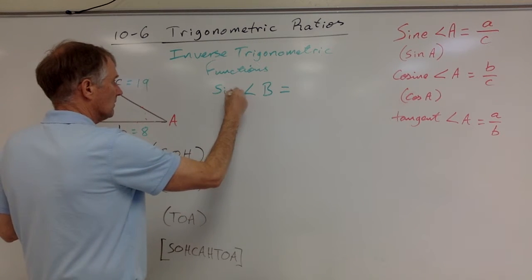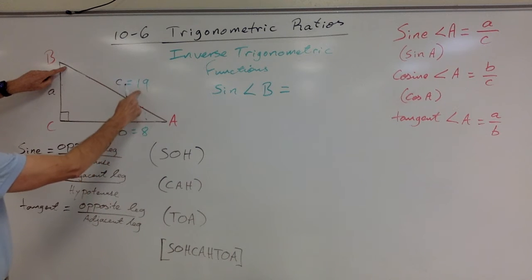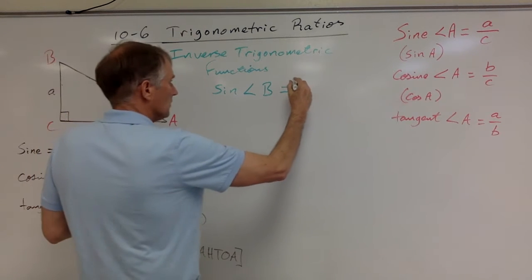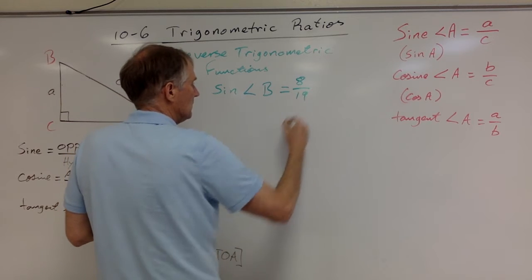All right, sine is opposite over hypotenuse. Here's the angle, opposite is right here, over hypotenuse. So that's going to be 8 divided by 19.